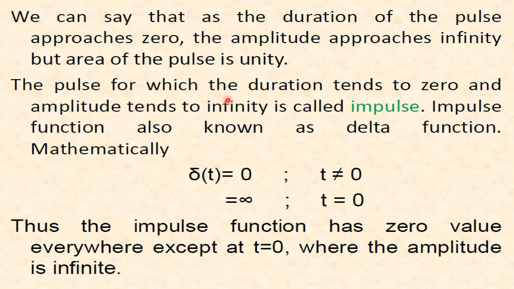The pulse for which the duration tends to 0 and the amplitude tends to infinity is called impulse. Impulse function is also known as delta function. So mathematically we write that as delta of t is equal to 0, where t is not equal to 0. When t is equal to 0, the impulse output is infinity.